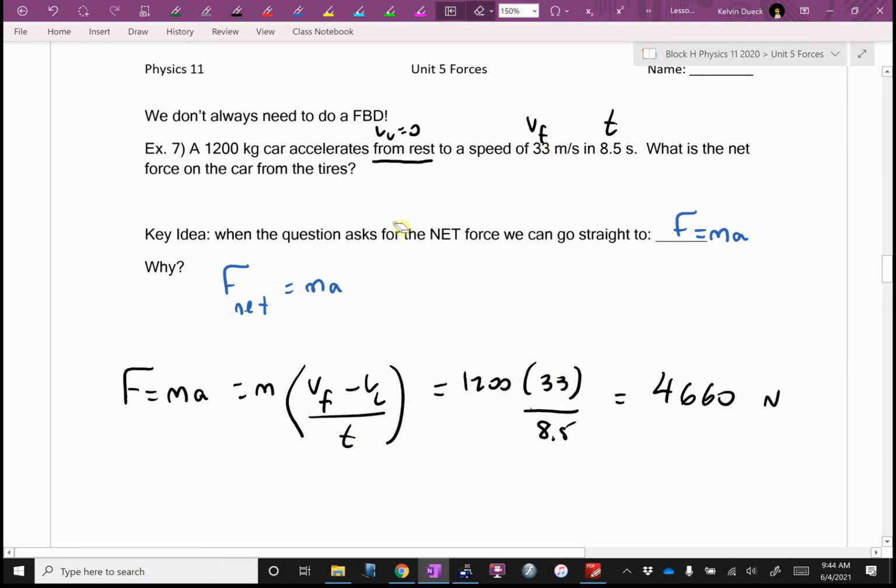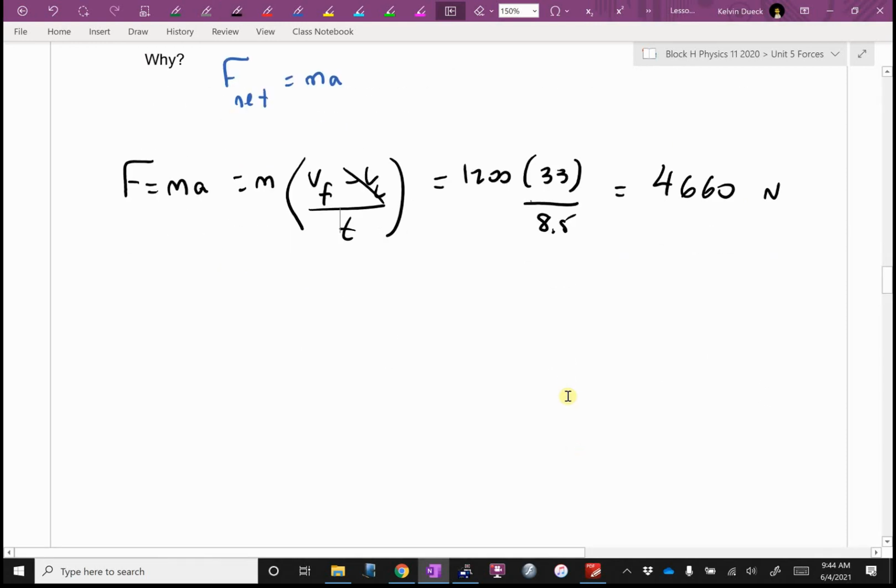What's VI? 0, so I kind of went like that. What's T? Is that all right? 118.8, which for a car, not a dragster. I thought I'd made a dragster question. I was going to say these are bad numbers because a dragster exerts way more force than that. But a car, no. That's about right for a small 4-cylinder.